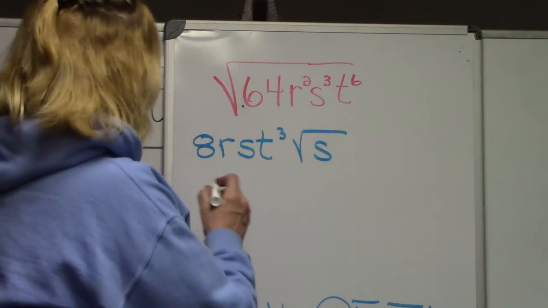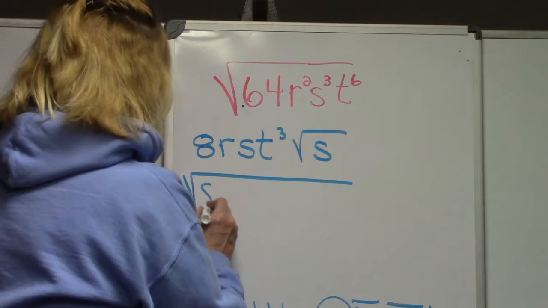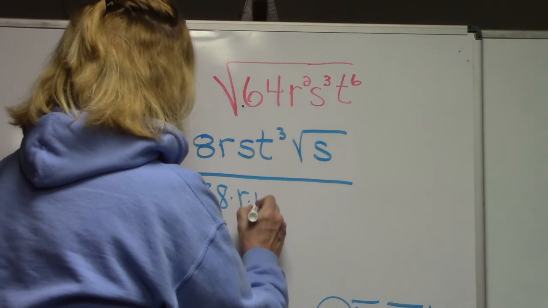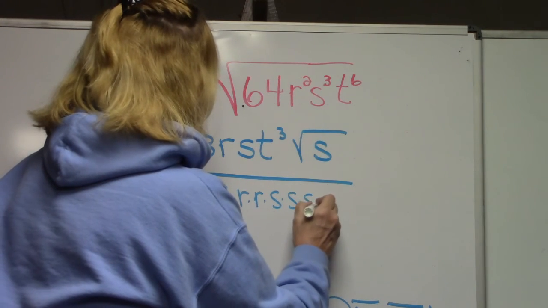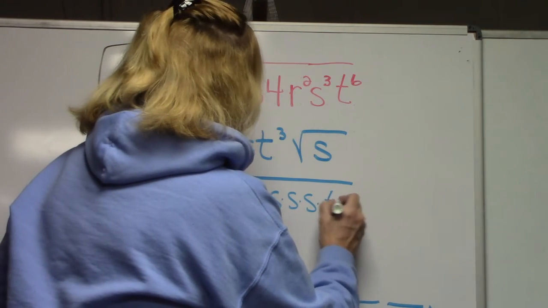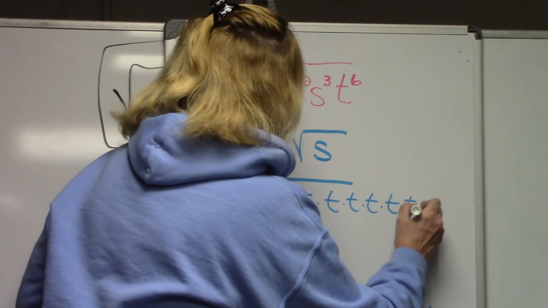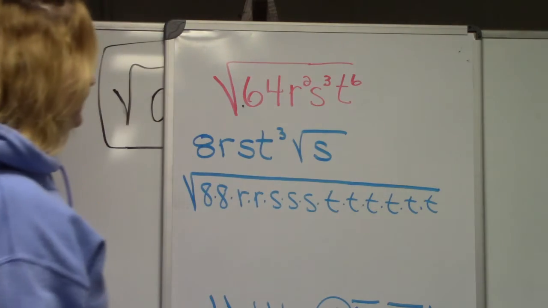Let me show it to you the other way. The square root of 8 times 8 times r times r times s times s times s times 1, 2, 3, 4, 5, 6 t's. Okay?